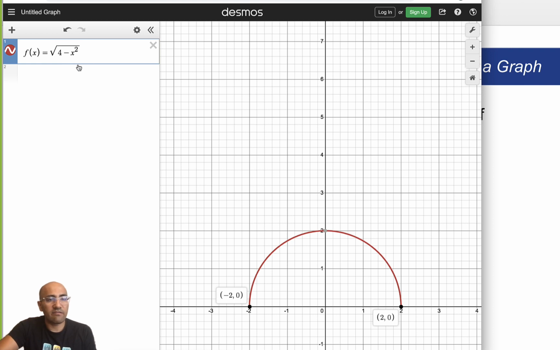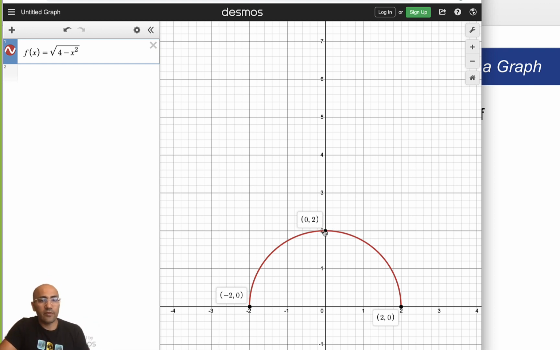And what's the biggest value this could be? Well, we're always subtracting a positive number, so the biggest value inside the radical occurs when x squared is as small as it can be, and the smallest it could possibly be is 0. So 4 minus 0 squared is 4, and the square root of 4 is 2. So the largest possible value this can take on is 2.